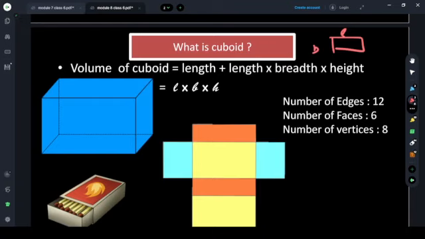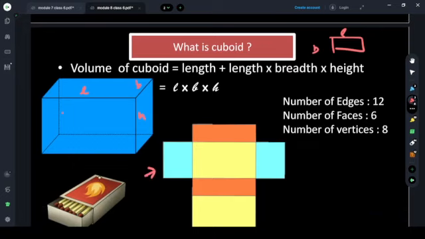It is a rectangle. If you close it, what will be its new figure or object? This object will be known as cuboid. It has a length, breadth and height. Okay, so you can see a matchbox. If you open this matchbox, it will look like this.